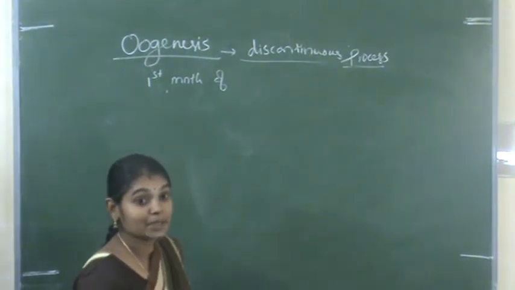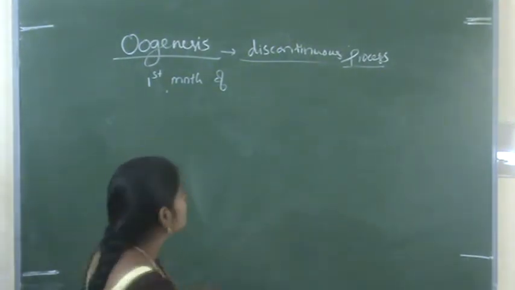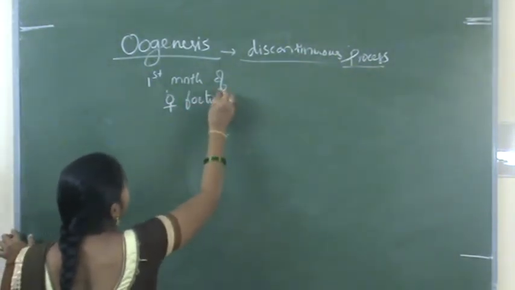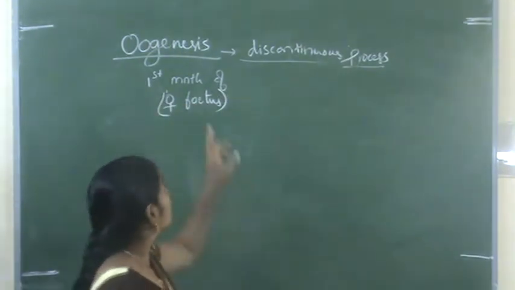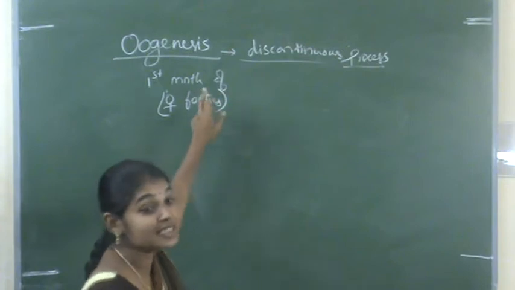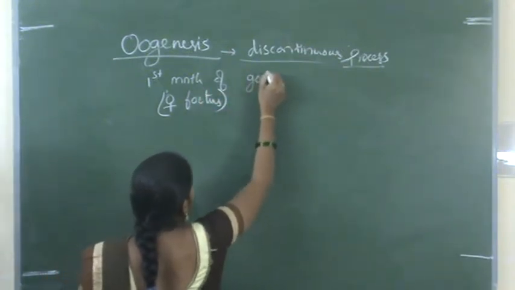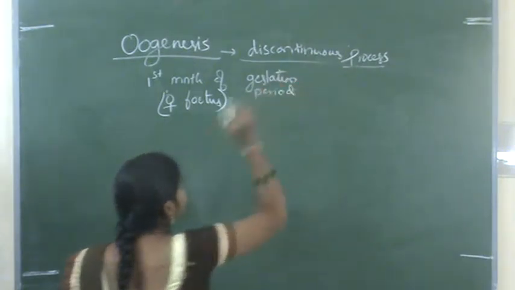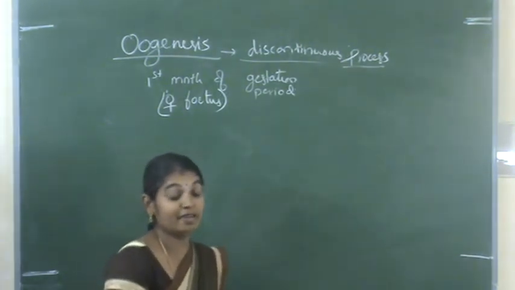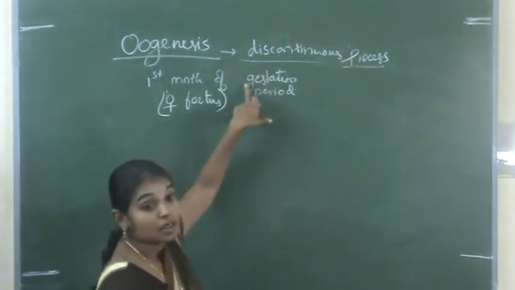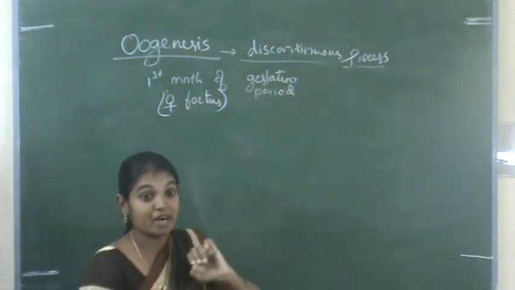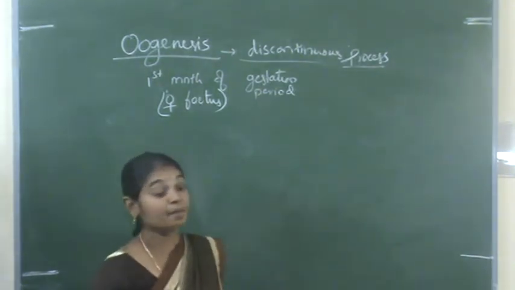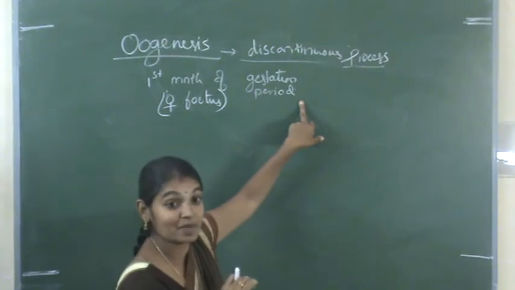So before birth, if the fetus is female, then the female fetus, the first month of the gestation period. Here one thing has to be clarified: pregnancy and gestation period. What exactly is pregnancy and what exactly is the gestation period? Pregnancy means starting from fertilization.